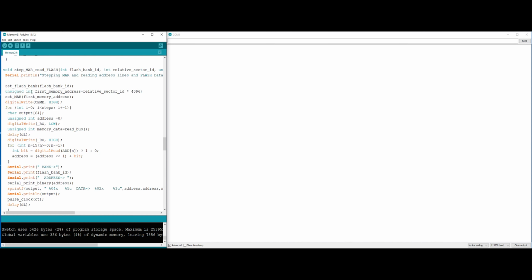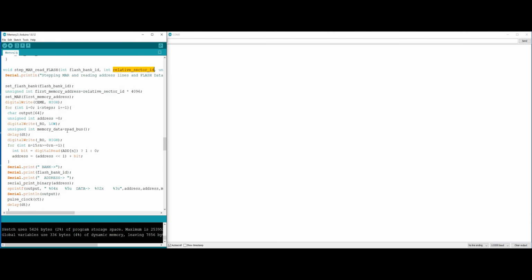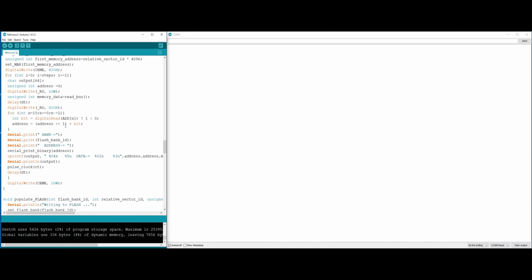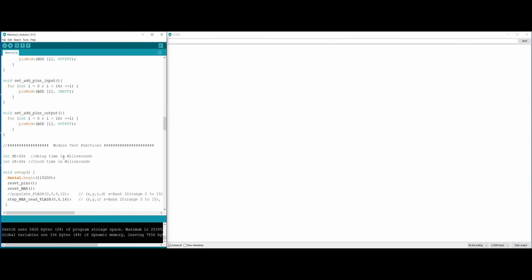All right, so this is really all about it. So, stepping our memory address register and reading the values based on the flash bank ID and also the relative sector ID. I guess when we run it, it's going to be more clear. So let's go ahead and try it.